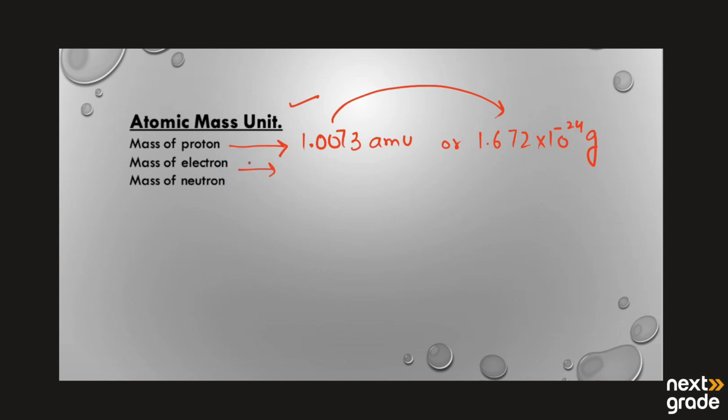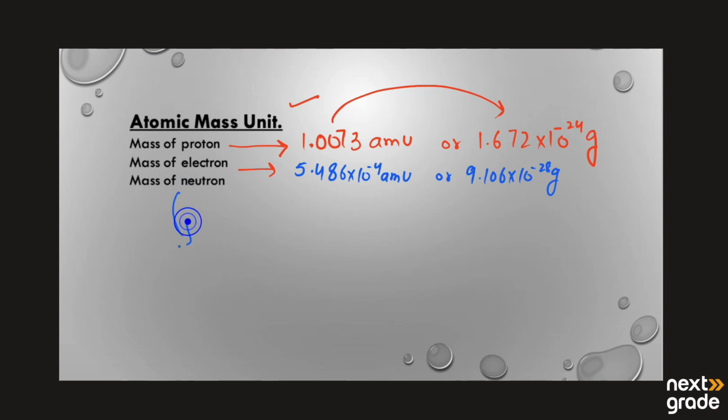For the electron, its mass is 5.486 into 10 raised to power minus 4 atomic mass unit, or in grams, 9.106 into 10 raised to power minus 28 grams.